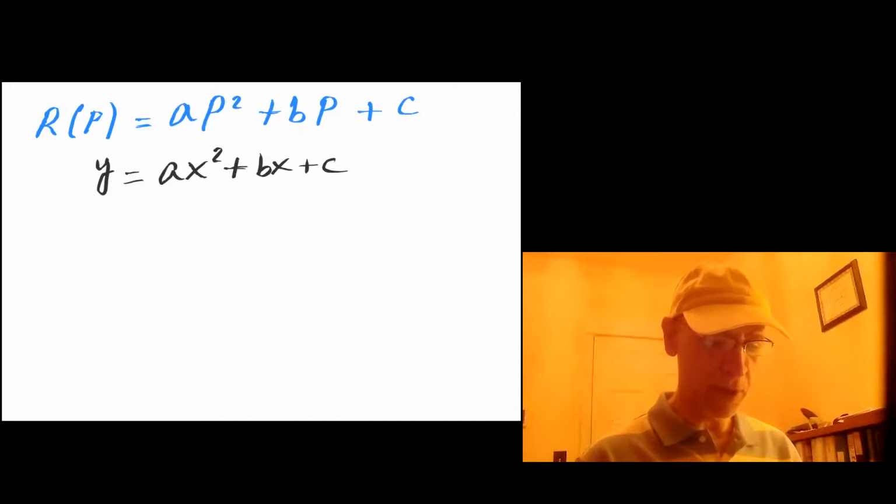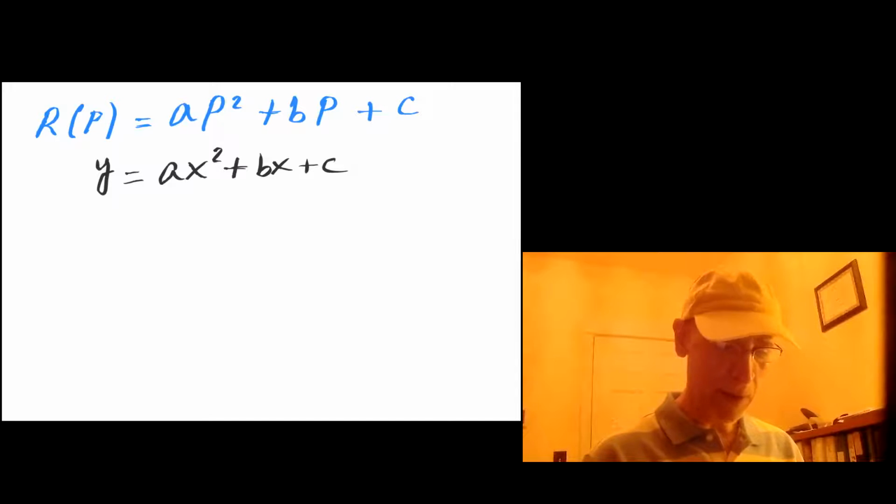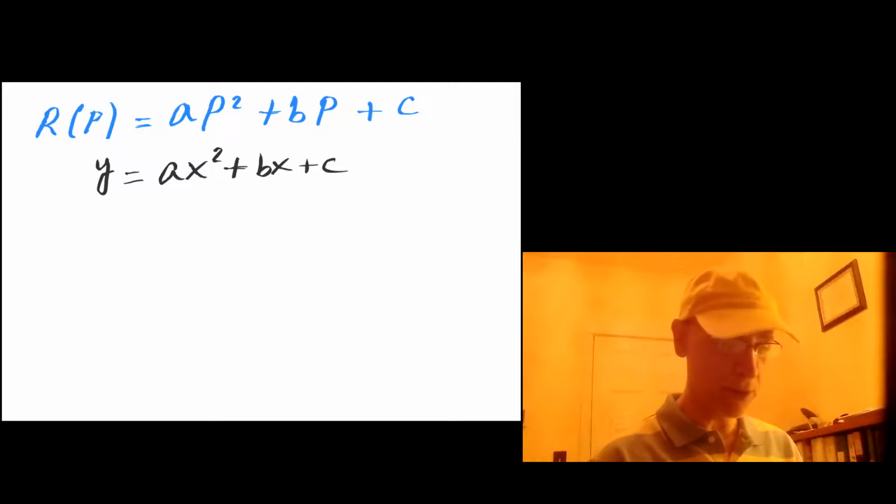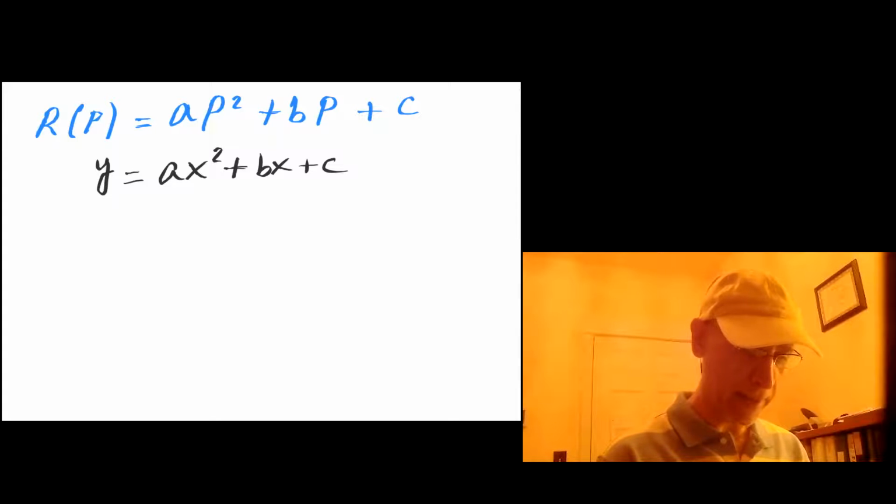Based upon the information that I'm given, I know that I have three coordinate points here. I know that 1.7 corresponds to 9843.